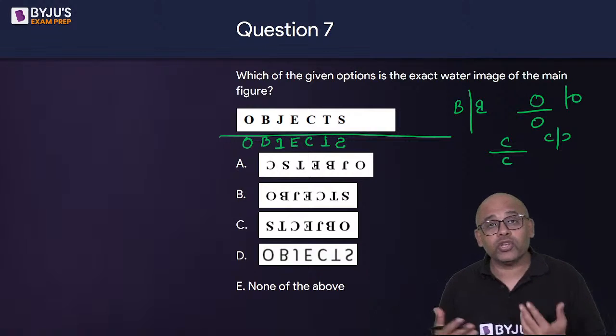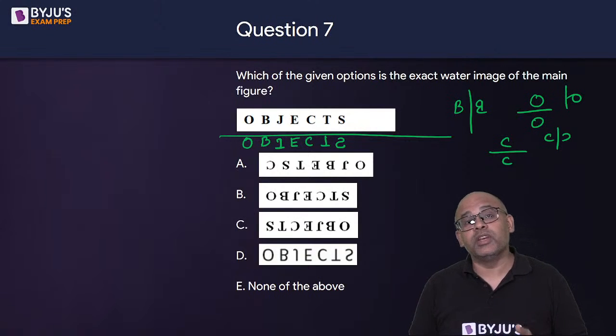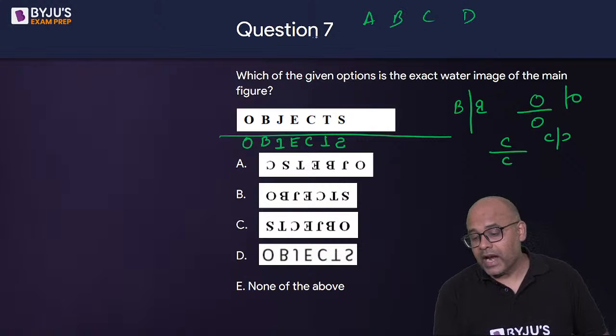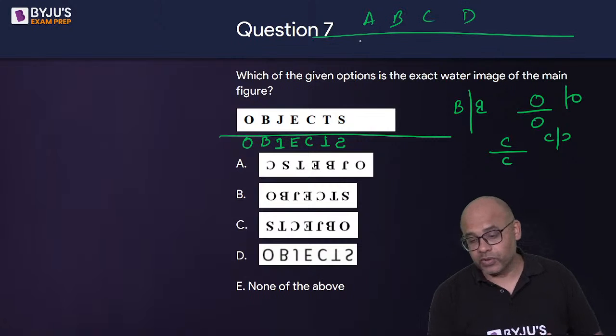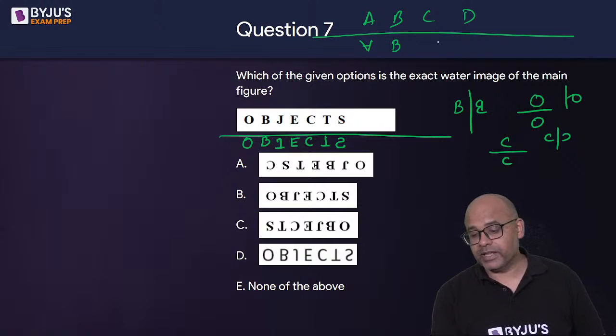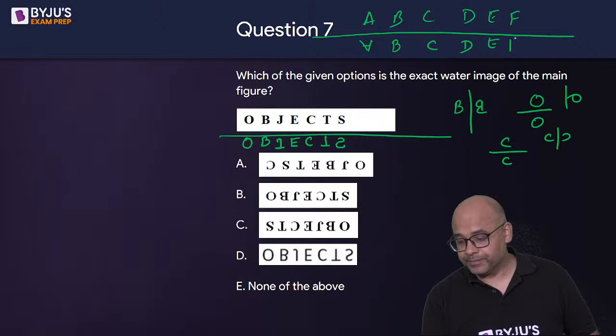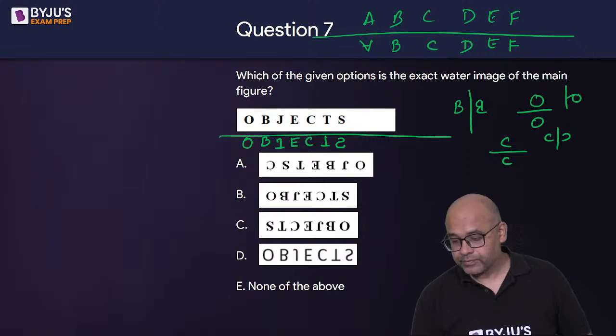So if you are not sure about water image and mirror image, write all the alphabets starting from A, B, C, D and draw a line and start taking the images. So A will be like this, B will be like this, C will be like this, D will be like this, E will again be like this, F will be like this. F will change. F will become like this.